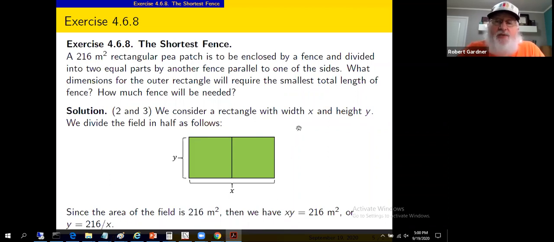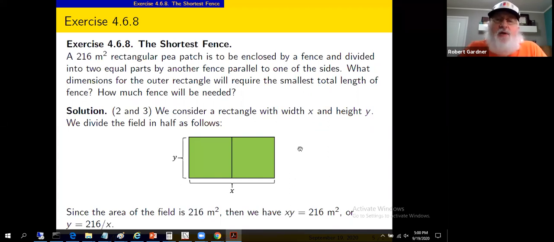But here's a picture, here's some variables, and here's a relationship between those variables. I want to rewrite as Y equals 216 divided by X. Divide both sides of this by X. Drop the units for a little while. Okay, so you need to believe these words create this picture and this relationship.